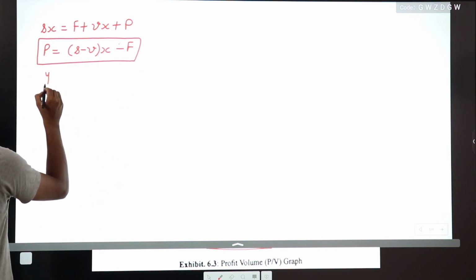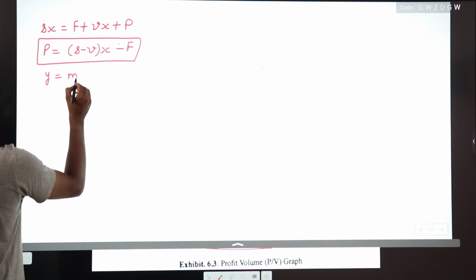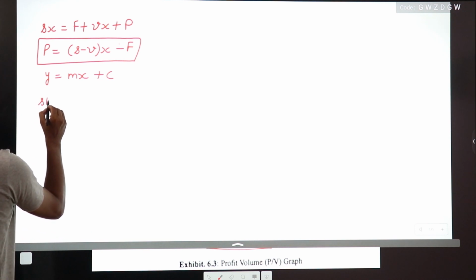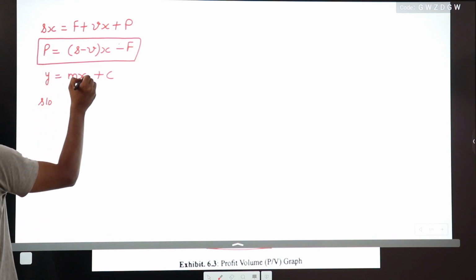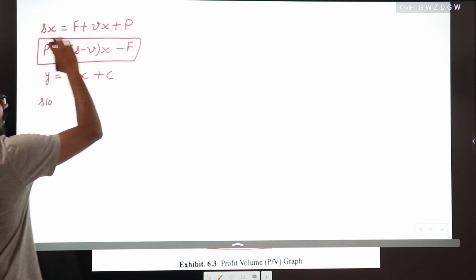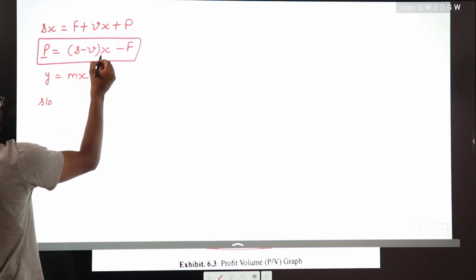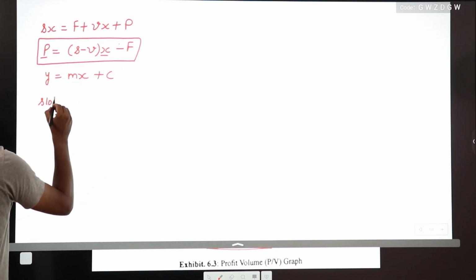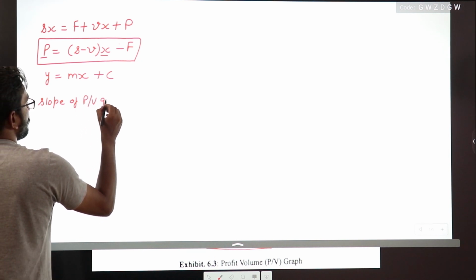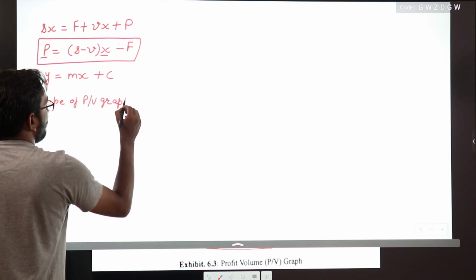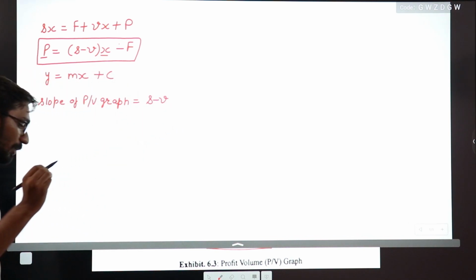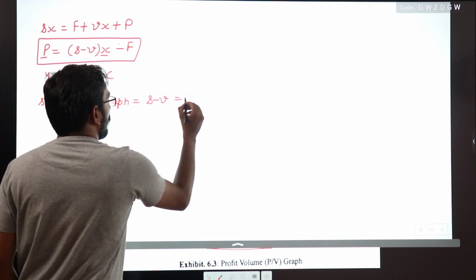If you compare this with the equation of a line, y is equal to mx plus c, here y is profit and x is the number of units. So this is the line between profit and volume of production. The slope of the PV graph is small s minus small v, which is equal to the contribution margin.